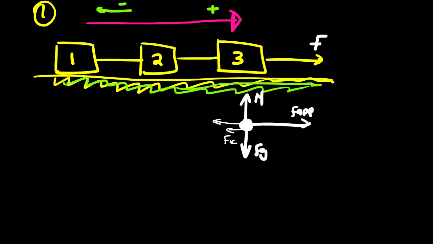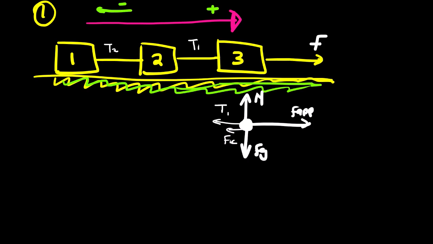Now before we do anything, let us label our tensions or our strings. So the tension between 2 and 3, we are going to say it's T1, and between 1 and 2 it's T2. So the tension that is experienced by object 3 is T1.